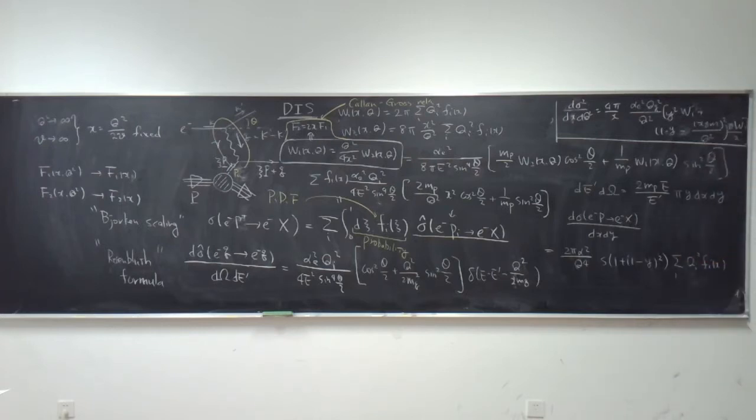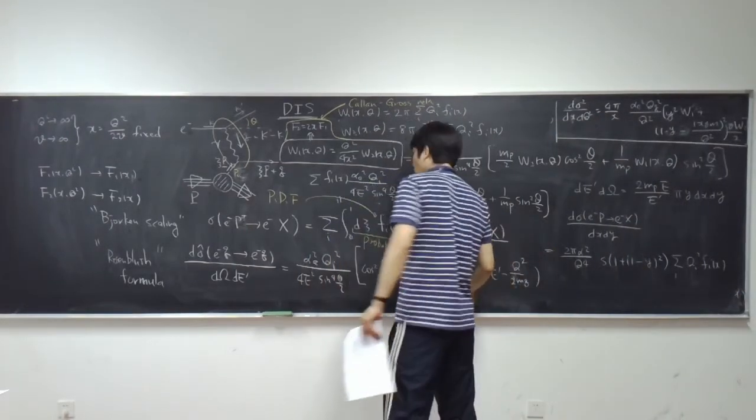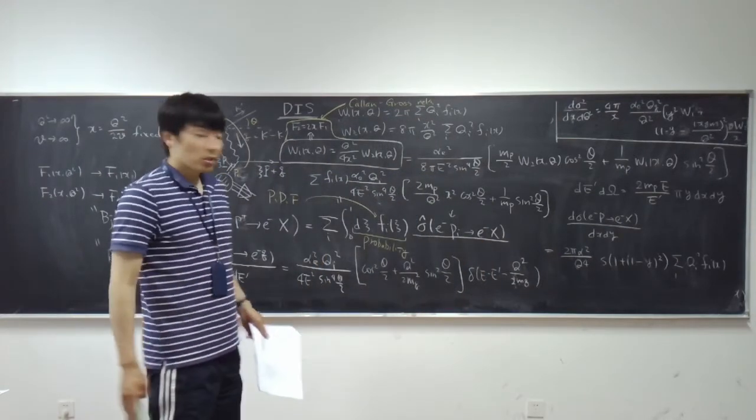That's how we can rewrite this scattering as the differential cross section in terms of y and x. That's a good exercise to do, so I can show you if you're interested. Any questions so far?